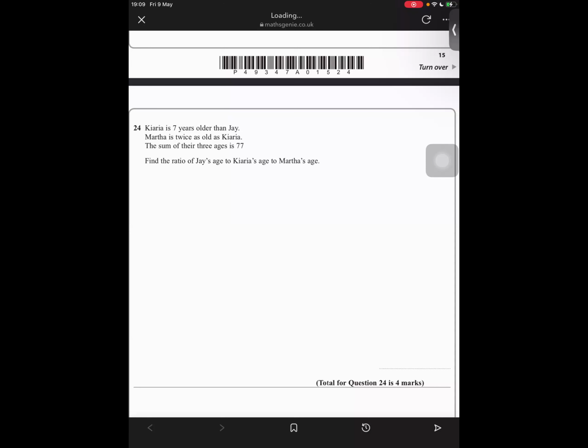And 14 plus 7 is 21, right? So we now have 4J plus 21 equals 77. So what are we going to do next? Subtract 21 from 77. So we're going to take 21 to the other side and subtract it from 77. That will give us 56.